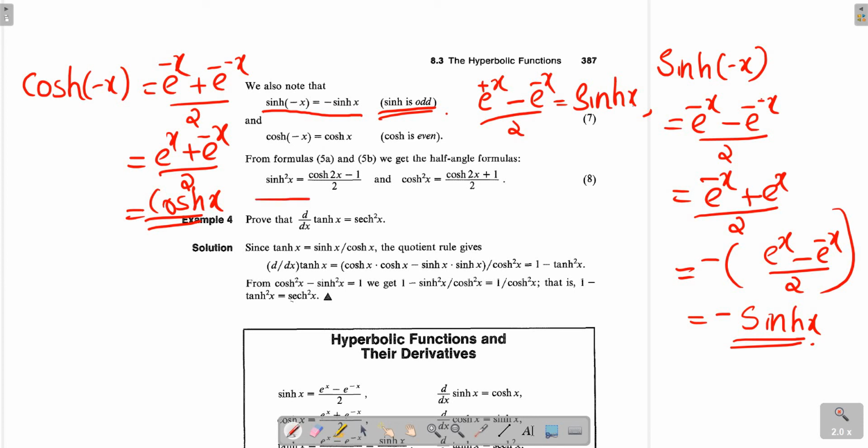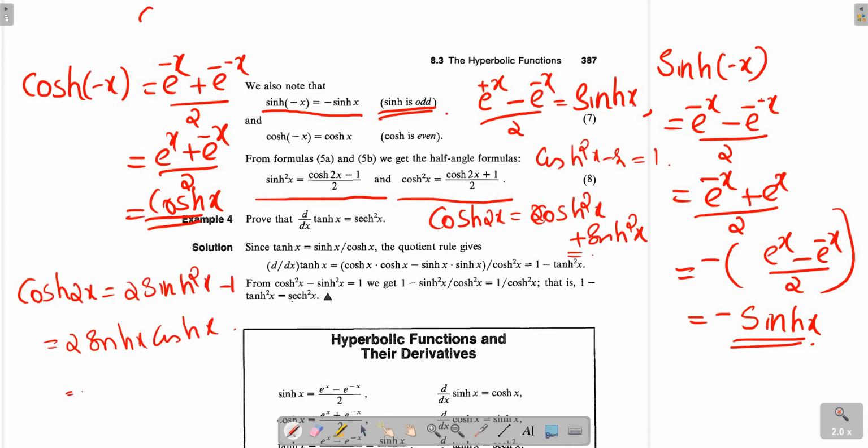Okay, next we are deriving one more formula here. Hyperbolic sine square x is equal to (cosh 2x minus 1) by 2, and cosh square x is equal to (cosh 2x plus 1) divided by 2. So cosh of x plus y is equal to cosh x into cosh y plus sinh x into sinh y.